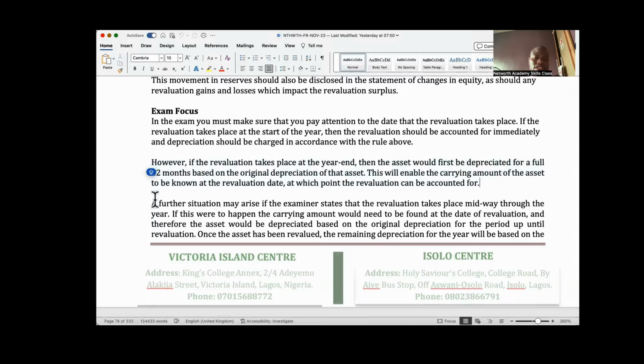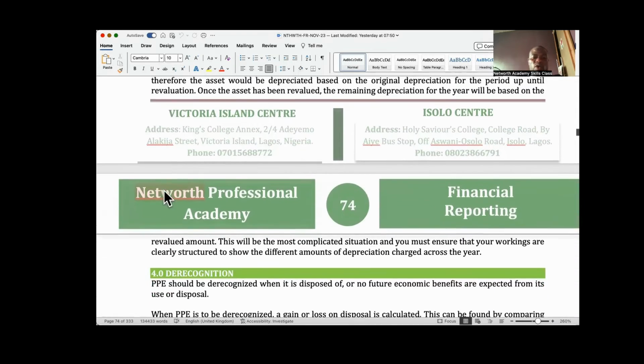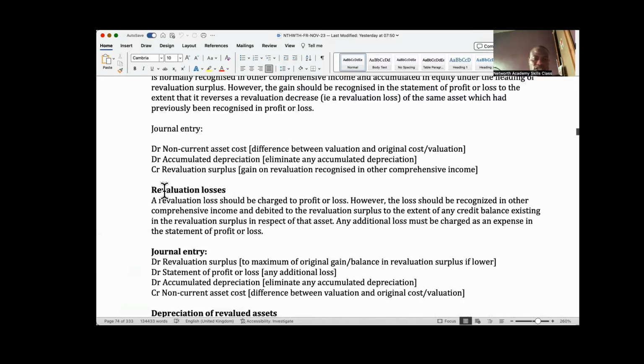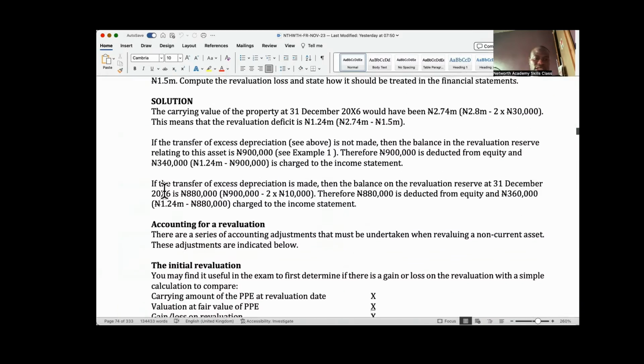But if the revaluation is done at the end of the year, that means depreciation for that year will still be done on the old cost, because the revaluation is done at the end. And revaluation can be done during the year. So that means you have to use the old cost up to the date of revaluation and the new value up to the end of the year. When we solve questions, all these are going to make sense for you.